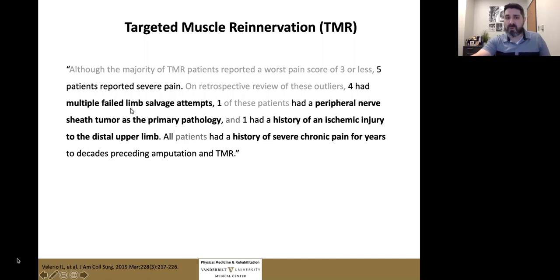And when we talk about multiple failed limb salvage attempts, here's somebody who has been living with chronic pain generators. The spinal cord, right, gets so efficient at reporting that pain signal and symptom that it's like, okay, now it's on a hair trigger. And even after the limb is amputated, that lingering echo still persists.